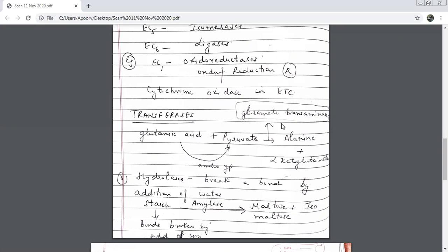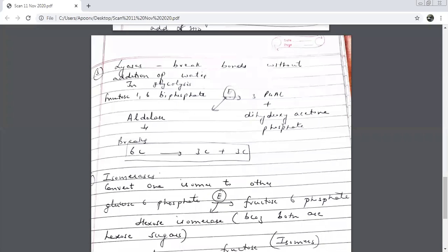And don't panic if you don't find this. Oh, this is not there in the book. It's okay, even if it is not there. Most of you are targeting NEET, so it's going to help you. Now the third and the fourth one.